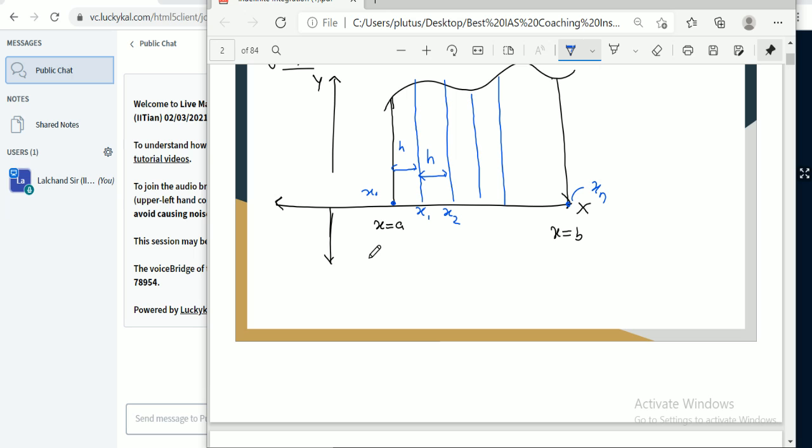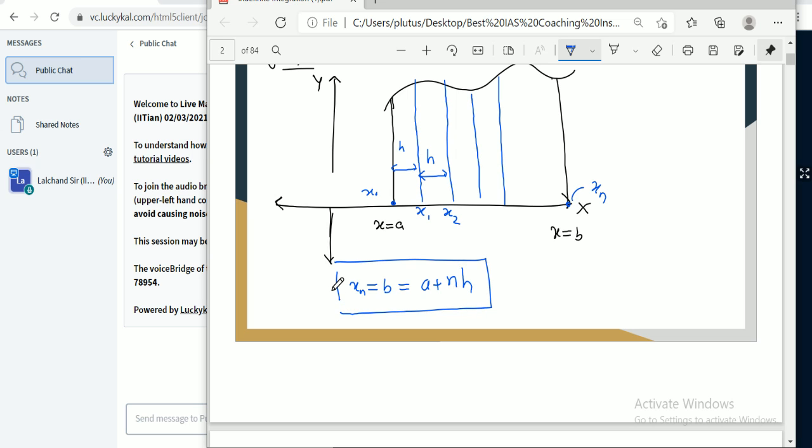So we can say the point at xn, that is equal to b, is equal to a plus n times h. Can we write like this? Is there any doubt in this?